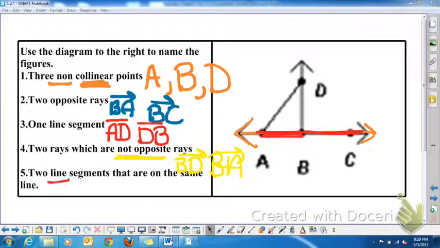Or you could have called it segment BA, segment CB. It's got two endpoints. Really the only one that matters how you name it is a ray. The ray has to be named with its initial point first.